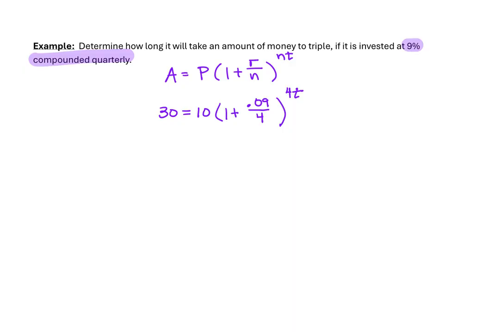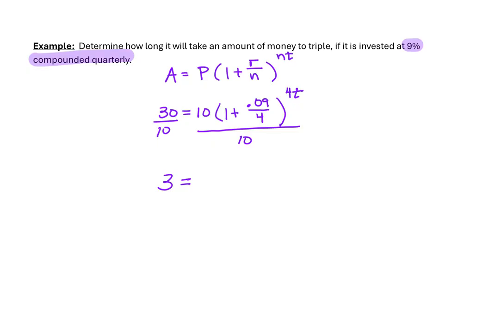The first thing that we have to do on this is we need to isolate our exponential. So I'm going to go ahead and divide both sides by 10. And depending on what amount you pick, you're going to be dividing by a different number if you pick something else. But basically, all of us, as soon as we divide our A by the P, we should all have 3.